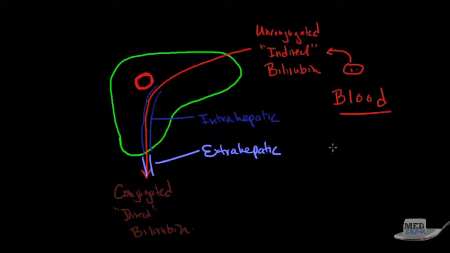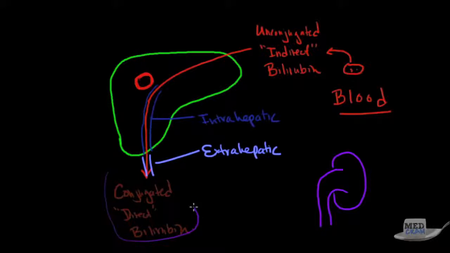Now the kidney also fits into this, in that the conjugated bilirubin, and not the unconjugated bilirubin, can be excreted through the kidney. So what do I mean by that?